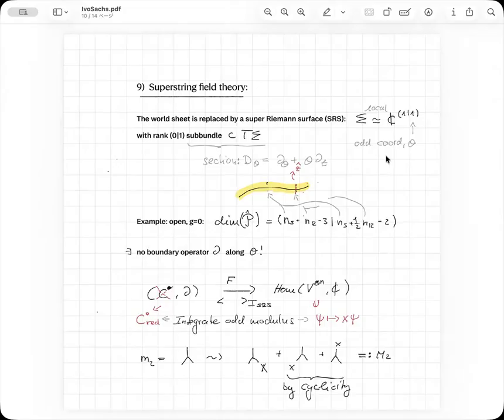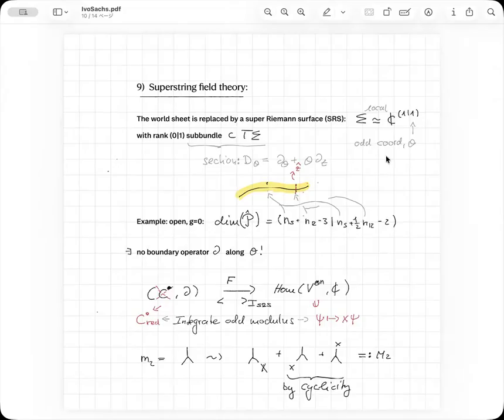So the way I try to describe it, the black part would be like the bosonic part of the Riemann surface, so the reduced part. And then I have this bundle on it. And the yellow part is this odd direction, described locally by this odd coordinate, theta.